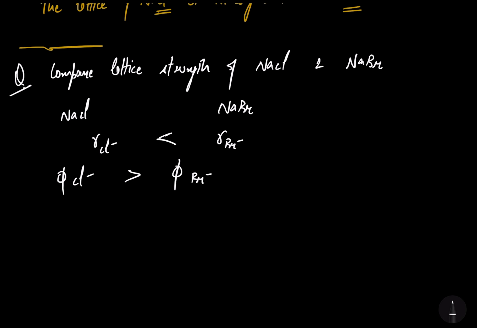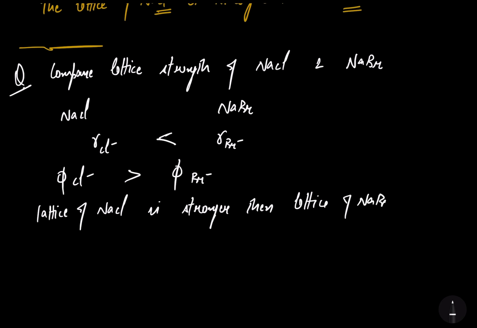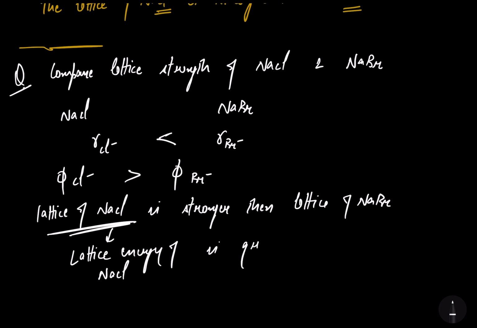It signifies that the lattice of NaCl is stronger than the lattice of NaBr, because the lattice energy of NaCl is greater than NaBr.